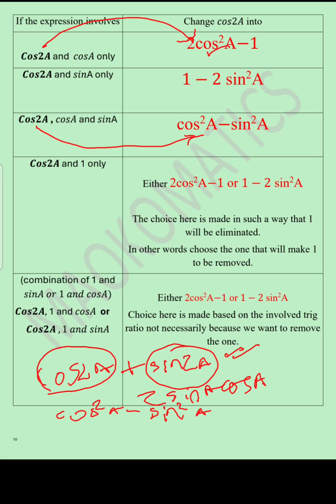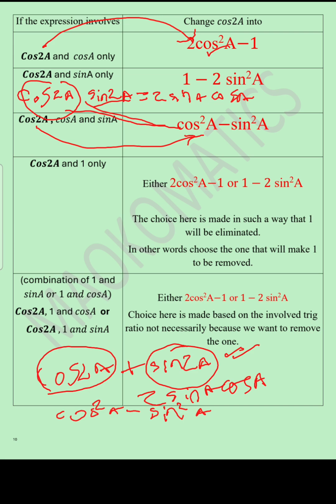So we are comparing: cos 2A involves sine 2A. This is a double angle identity of sine, which is simplified to 2 sine A cos A. So this cos must be changed to the one that has got sine and cos, to this one there.